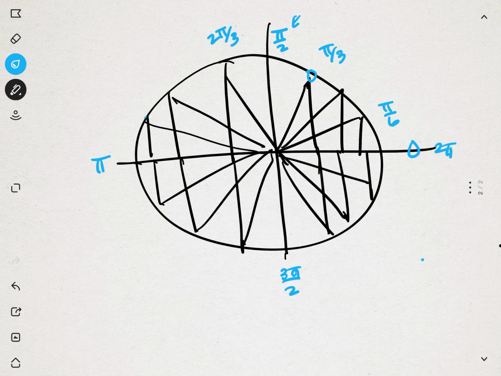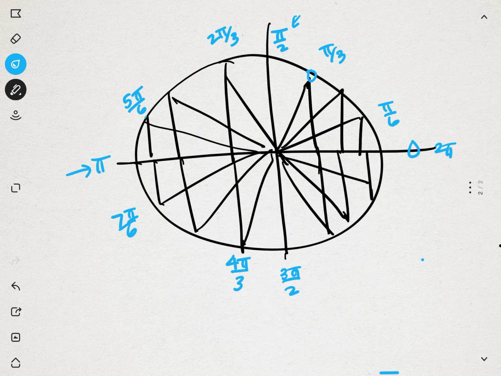Then the next jump over here would be 5 pi over 6. 6 pi over 6 is the same thing as pi because 6 divided by 6 is 1. Then we have 7 pi over 6. Then we have 8 pi over 6, which reduces to 4 pi over 3.